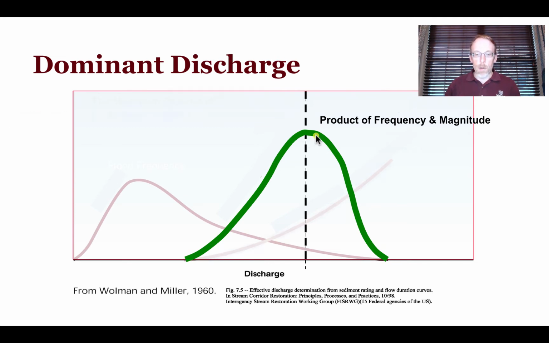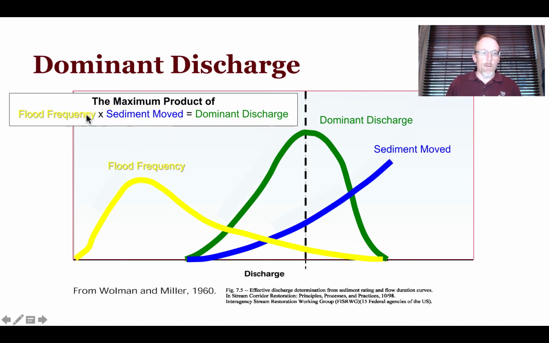So when we put all this together, flood frequency times sediment moved equals dominant discharge. So in this hypothetical stream, the dominant discharge is where this product curve maximizes or peaks.